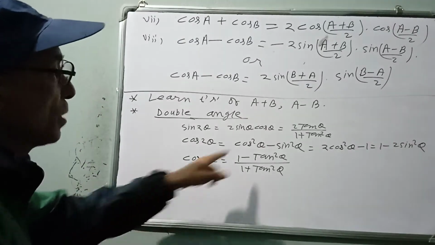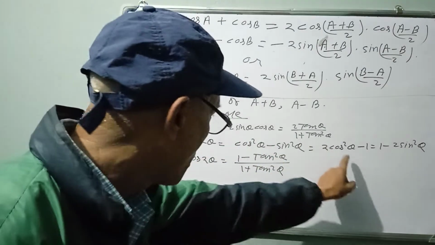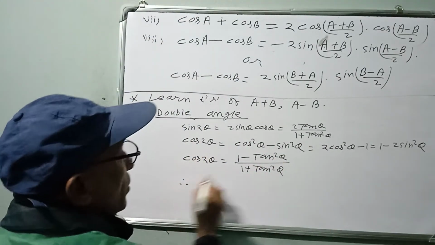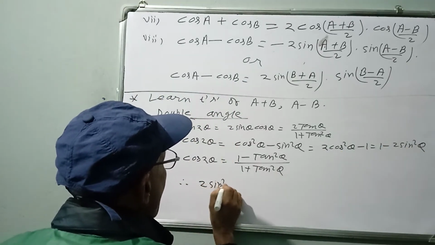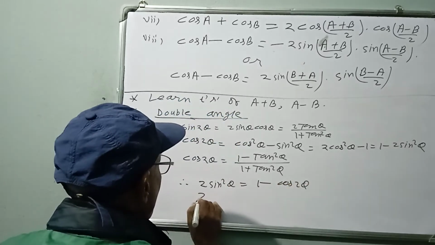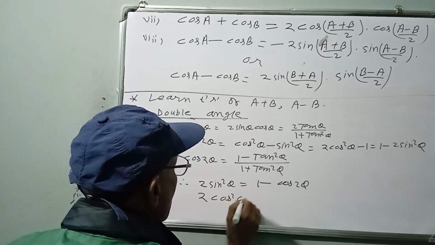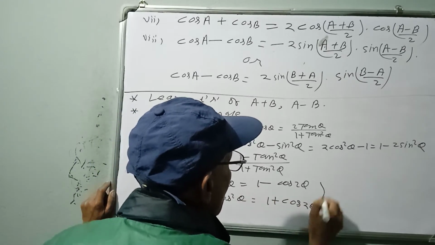From these two equations, you can derive the formula. See, therefore, 2 sin square theta equals 1 minus cos 2 theta, and 2 cos square theta equals 1 plus cos 2 theta.